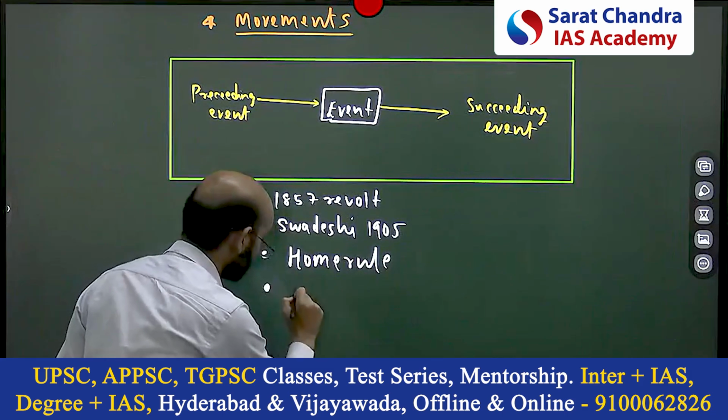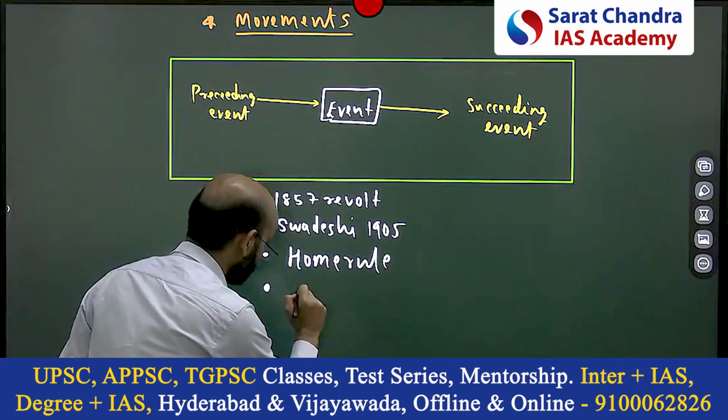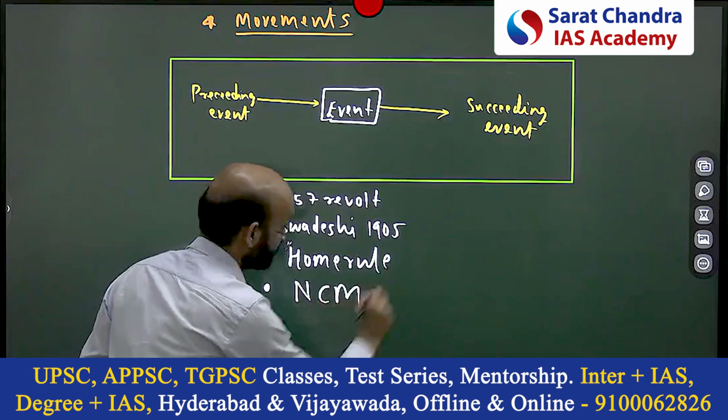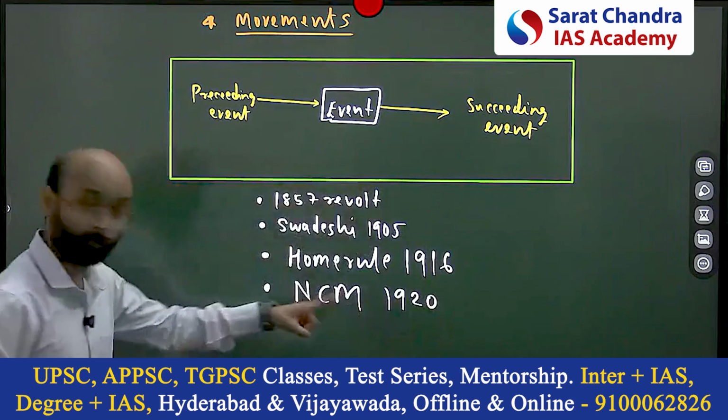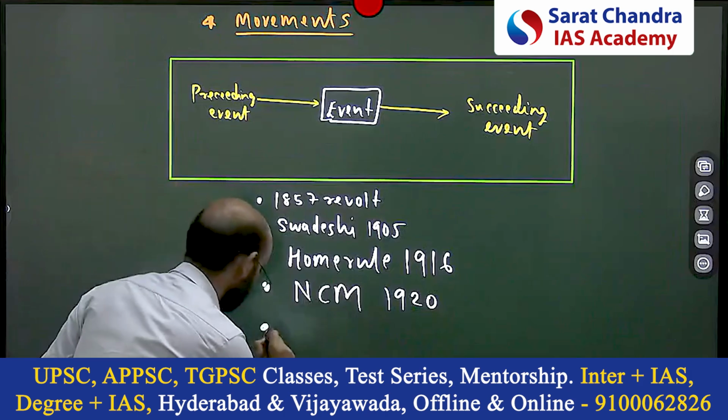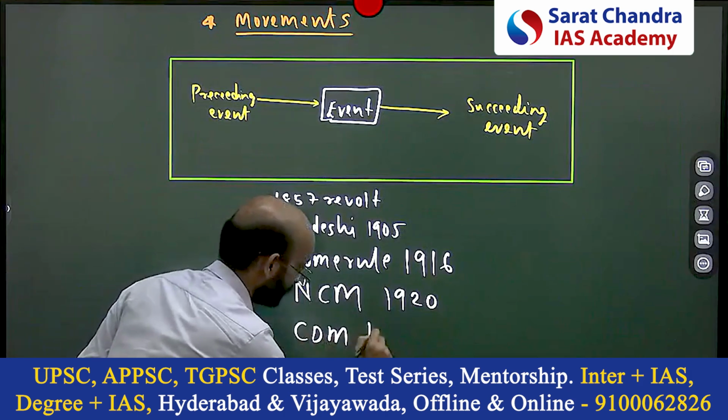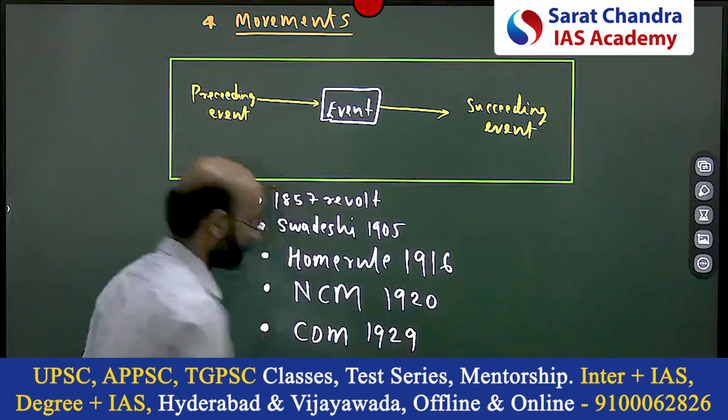Fourth is the non-cooperation movement. This is 1916. This is 1920. Non-cooperation movement. Then you have the civil disobedience movement, around 28, 29 they started.